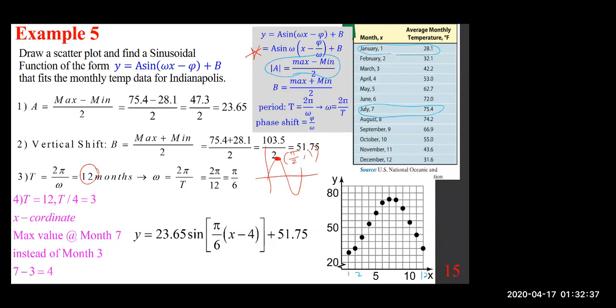For example, if you replace the x with 1, you should get a number close to 28.1. Are you going to get 28.1? Probably not, but you're going to get something close. Are we following that? If you plug in number 2, you should get something close to 32.1, and so forth. Any questions?